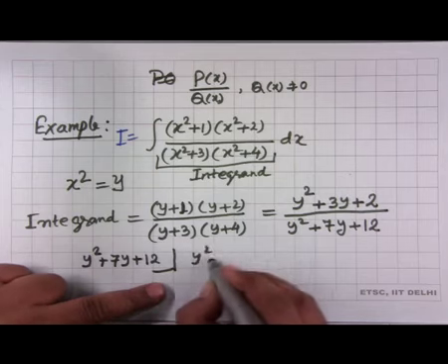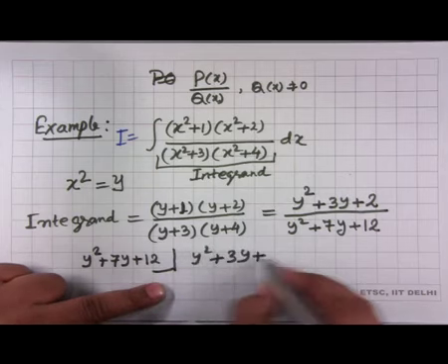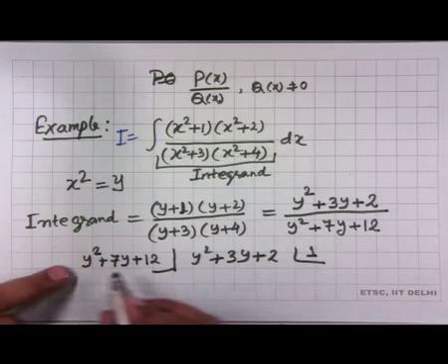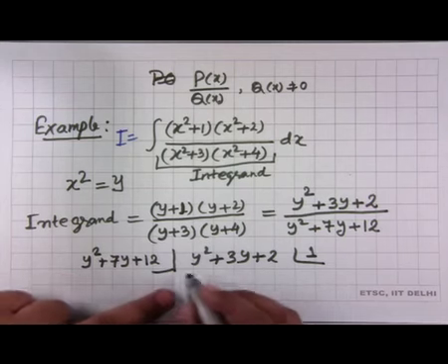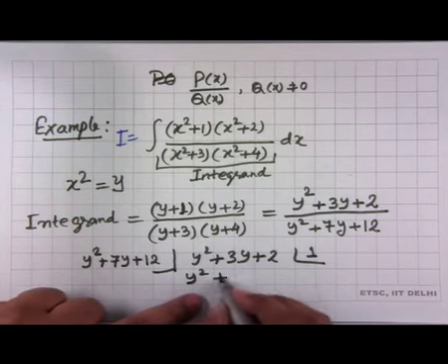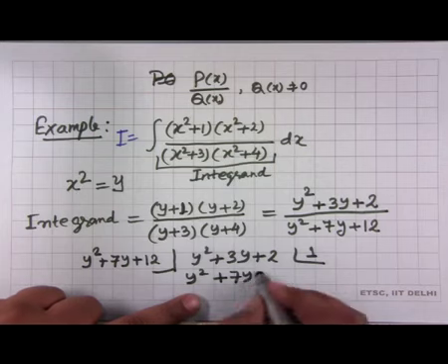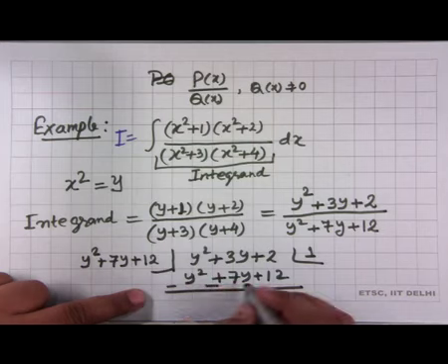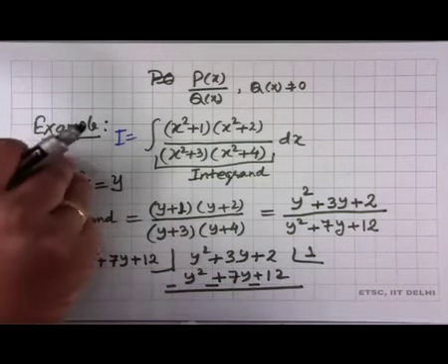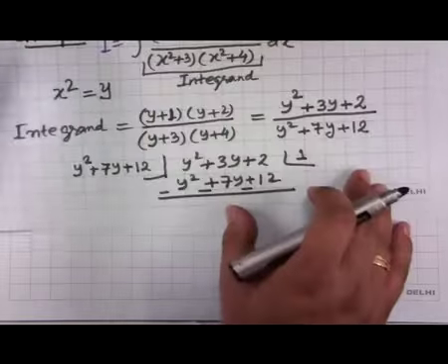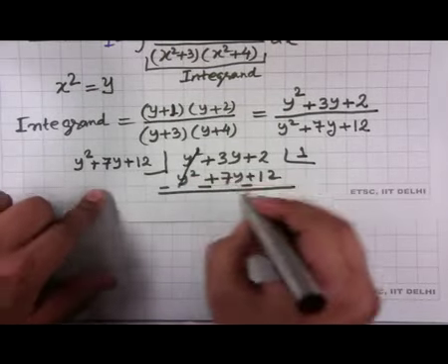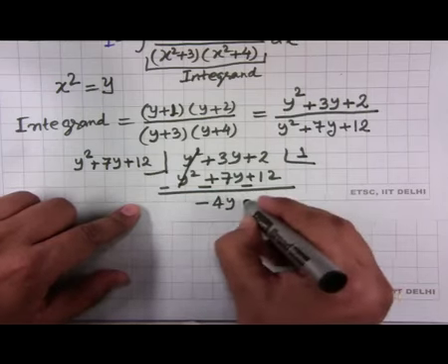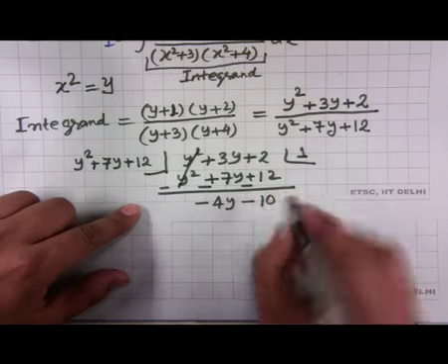into y square plus 3y plus 2. The coefficient is the same here, therefore it goes one time. So, I will get here y square plus 7y plus 12. Subtracting, we get these signs as minus. So, y square gets cancelled, 3 minus 7 will give you minus 4y, and 2 minus 12 is minus 10.